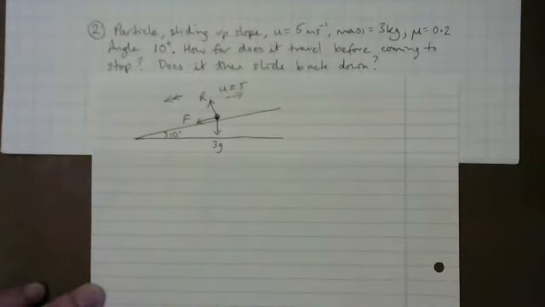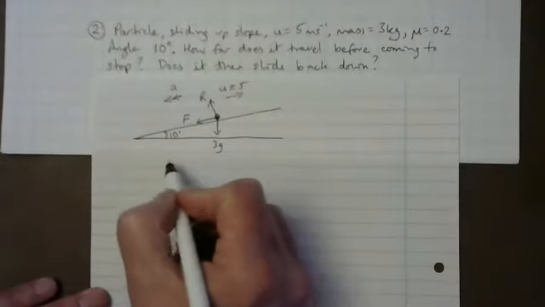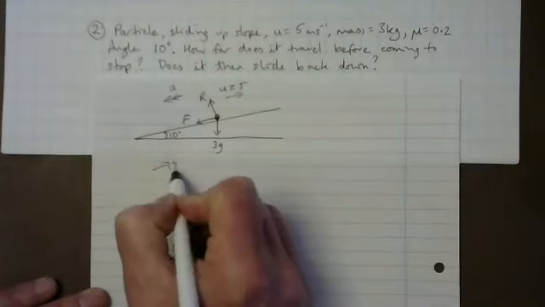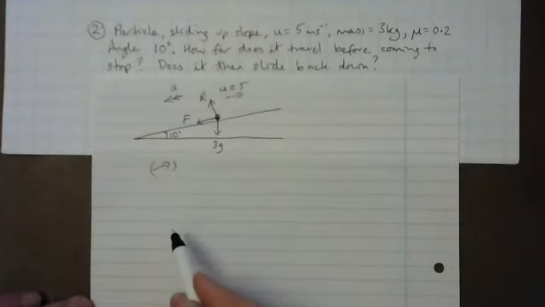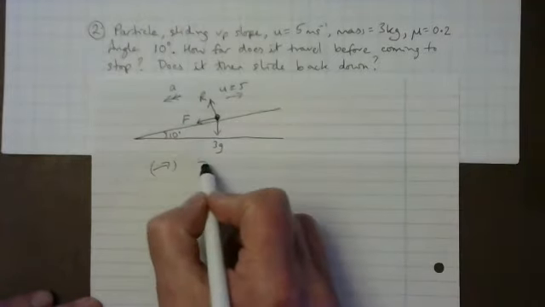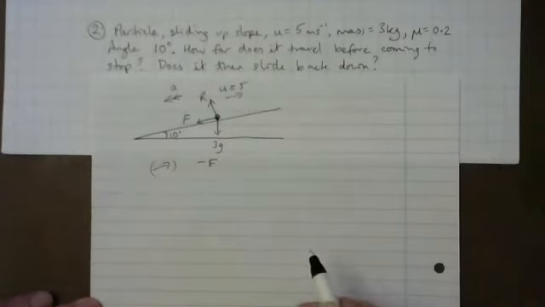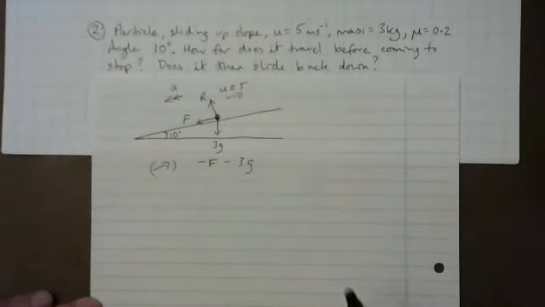Let's start doing the maths. Our direction is upwards, so we'll go upwards in this direction. What are all the forces in this direction? None. Got the forces in this direction: minus F, minus 3g.